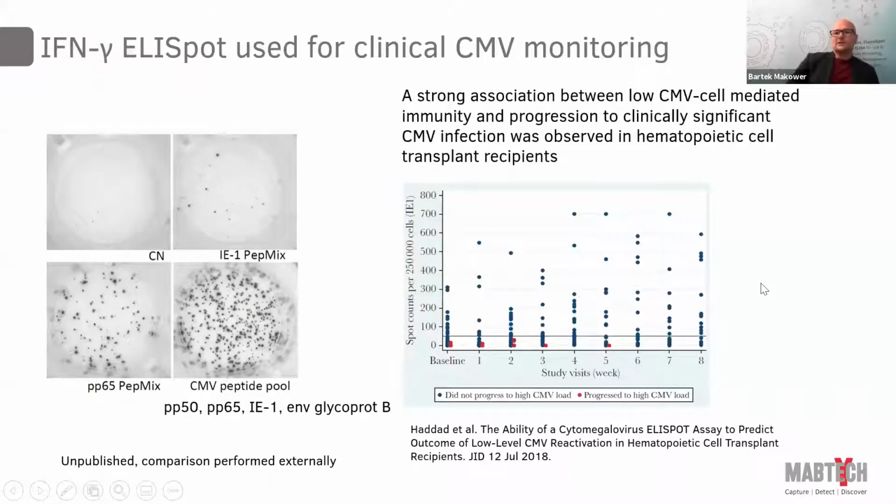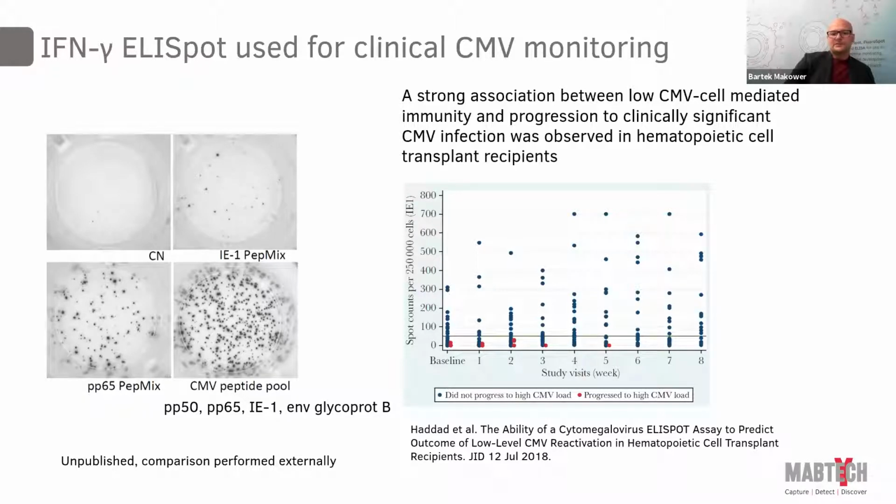CMV is also clinically interesting since in immunosuppressed patients, it can have really fatal consequences if the virus reactivates. So in this interesting paper, they used interferon gamma ELISpot to look at frequencies of CMV-specific T cells in transplant patients.